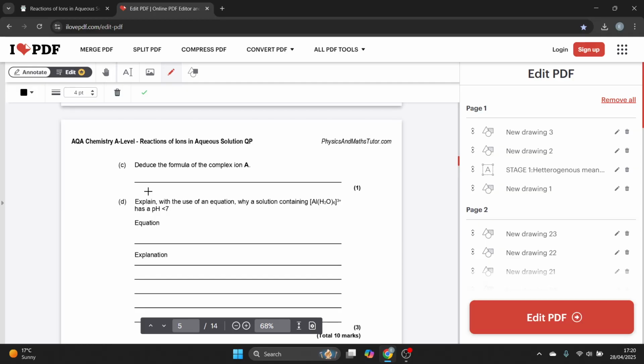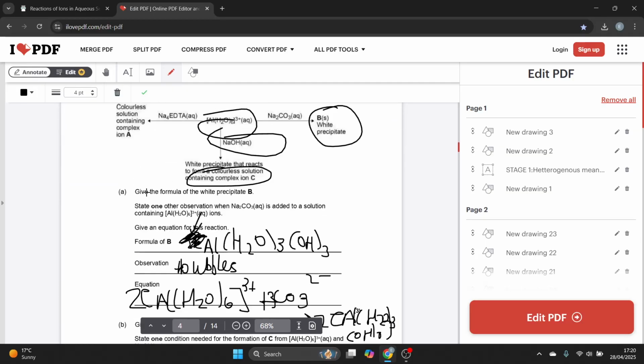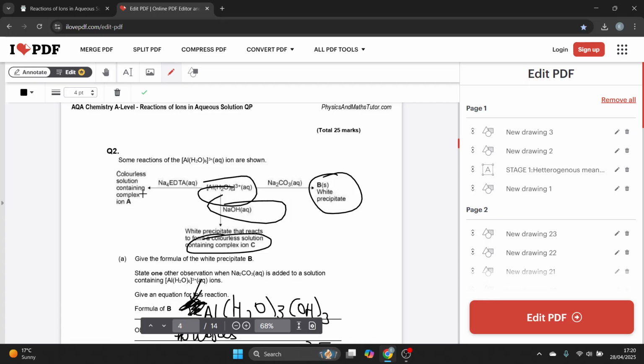Deduce the formula of complex ion A. Well, when [Al(H2O)6]3+ reacts with Na4EDTA aqueous.